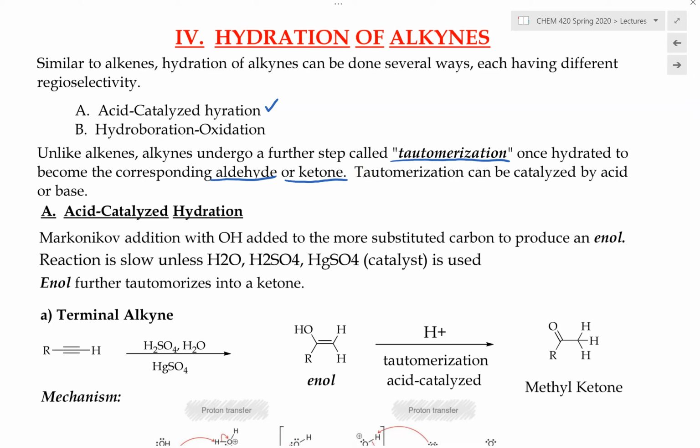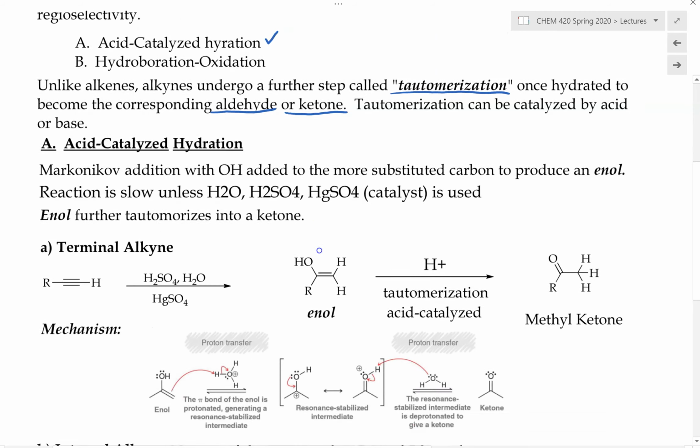This tautomerization step can be catalyzed by acid or base. It can also happen on its own, but at a much slower rate. So acid and base catalysis would speed up this tautomerization step. Now let's talk about the acid catalyzed hydration and get into this tautomerization step in great detail.